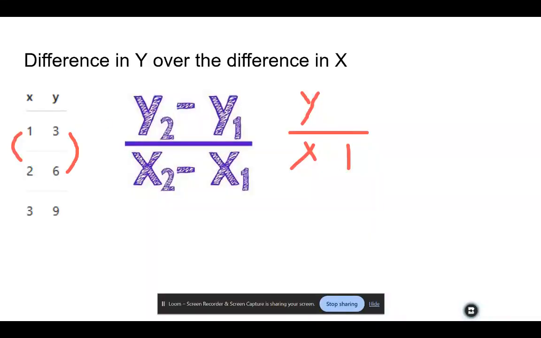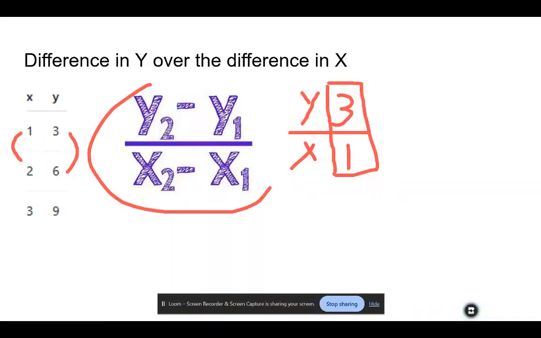And the same thing for y. What's the change in y from 3 to 6? What am I doing to 3 in order to get 6? Well, I'm adding 3. So the top one would be 3. This right here is what my slope would be.